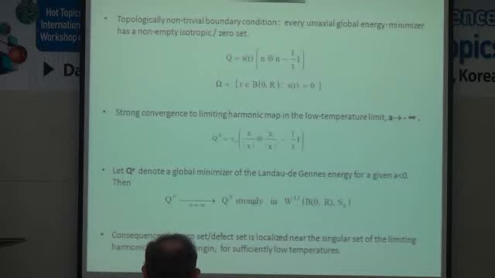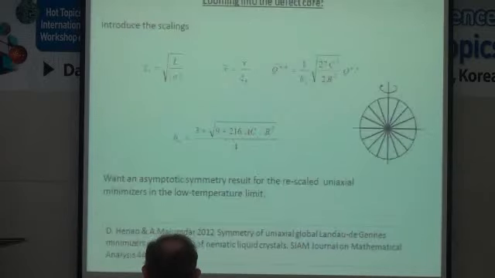Now the practical consequence of this strong convergence result is that these constrained uniaxial minimizers will look more and more like this limiting harmonic map everywhere away from the droplet center. So the isotropic set or the defect set of this constrained minimizer Q has to be localized near the droplet center, near the origin, for sufficiently low temperatures. So this is giving us information about the location of the defect set.